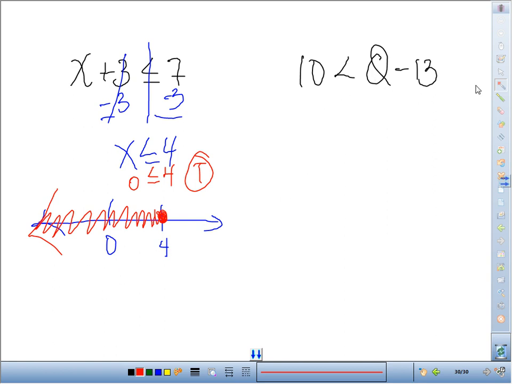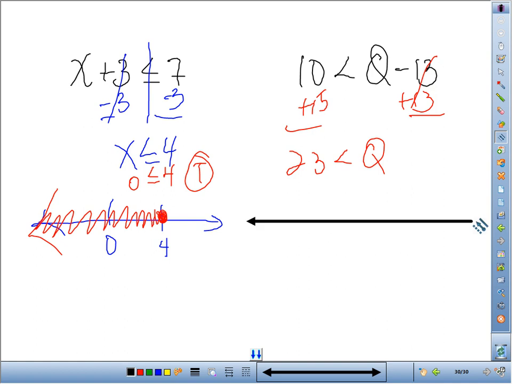And then we do this one, it is plus 13, and this becomes 23 less than q. So notice on this one, same thing, to graph, here's my number line. I have 0, I write my dividing point, 23, and let me see, does it include the point? No, because it doesn't have an equal sign, so I'm going to mark it with an open point right there.